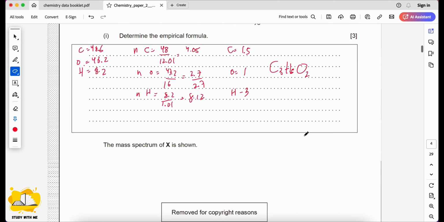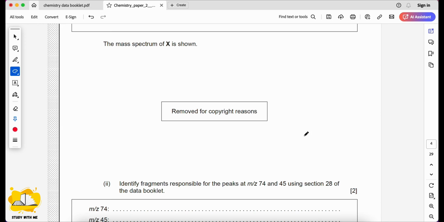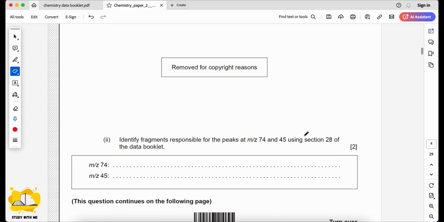Alright, for the next question, I cannot really explain because the picture is removed for copyright reasons, but we really need the answer for this question.